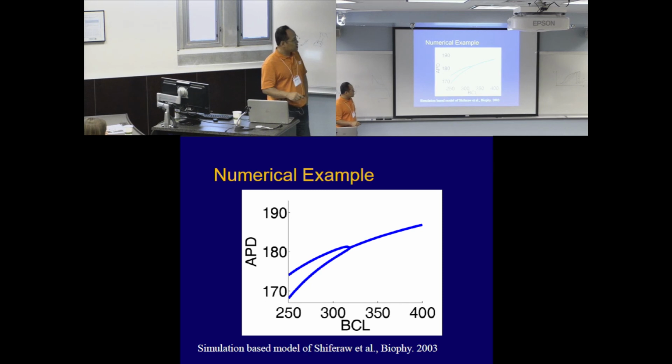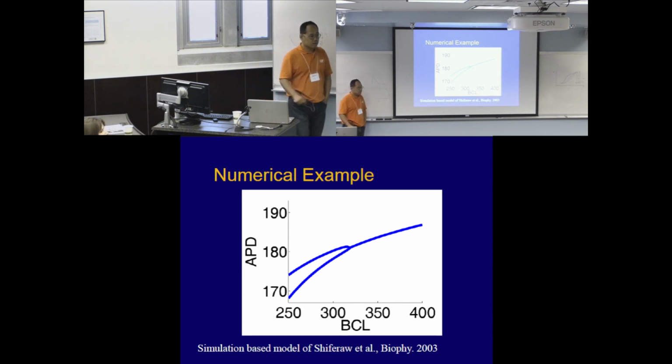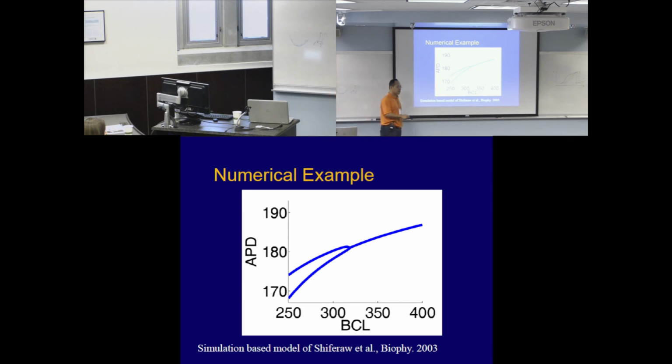So if you simulate this model, you're going to get a bifurcation to alternans. BCL is the pacing period, basic cycle length. If we give periodic stimulation, we're going to have 1-to-1, then it becomes alternans.